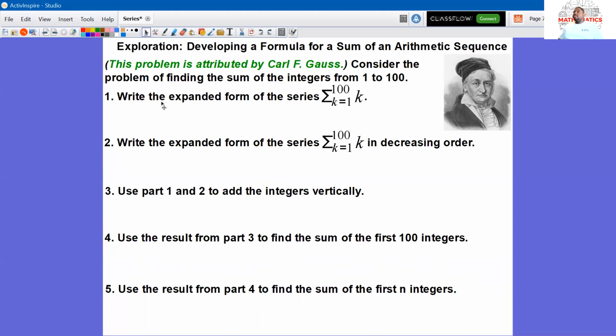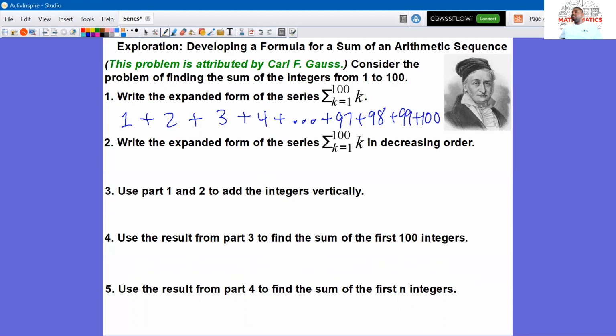So first part of this exploration wants us to write the expanded form of the series from k equals 1 to 100 of k. I believe that would be trivial. And so that would be 1 plus 2 plus 3 plus 4, up to 96, 97, 98, 99, 100.